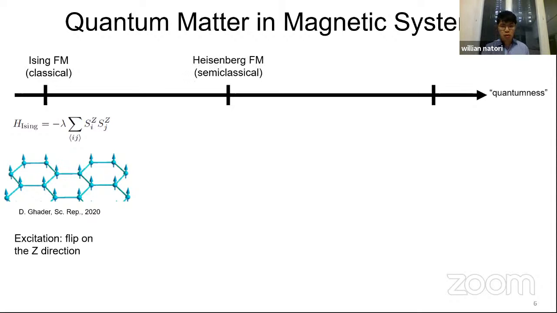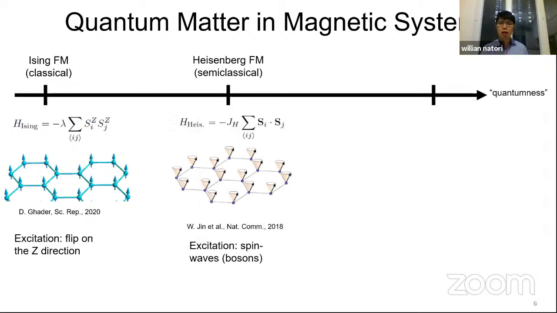If you go to something a bit more sophisticated, you can think of the Heisenberg ferromagnet, and it's something similar in the sense that the ground state can still be thought of as a product state. But now, thanks to the SU(2) symmetry of the spins, you have a continuous way to vary the spins instead of only the Z2 transformation.